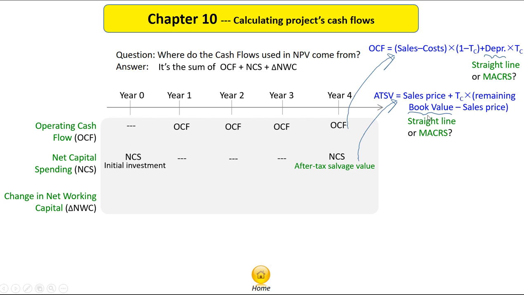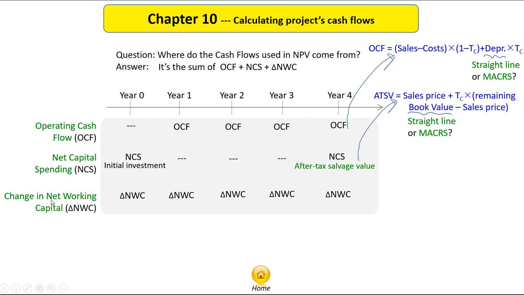And here, again, to find the remaining book value, you need to understand how to calculate it depending on whether the fixed asset you're buying in year 0 for this project will be depreciating, losing value, using the straight line depreciation method or the maker's depreciation method.